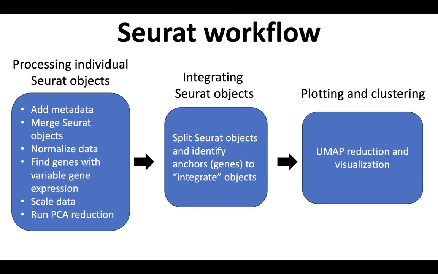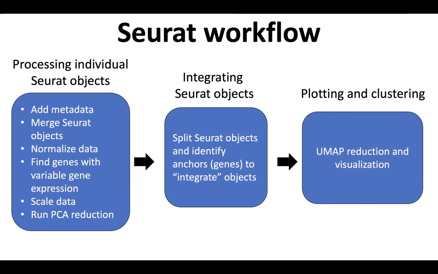So in brief, we add this metadata, we merge these Seurat objects, and we normalize the data for differences in sequencing depths across these different experiments. We find genes that are most variable across different experiments, so that we bring to the foreground genes that are most important, and we don't have to worry so much about genes that are more uniformly expressed across all different cell types.